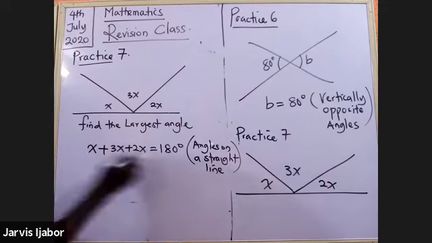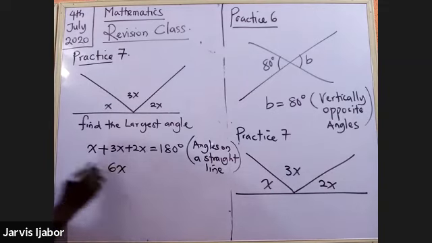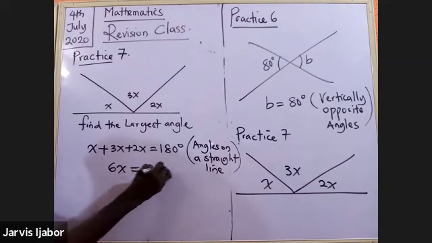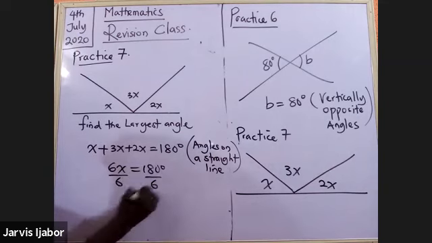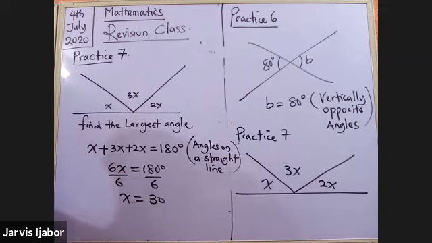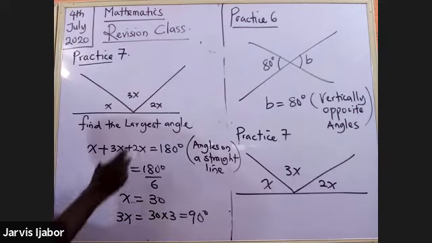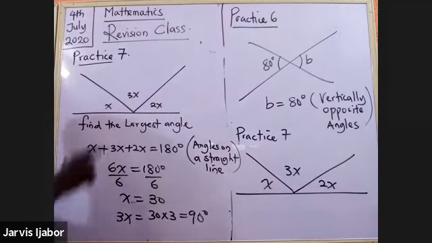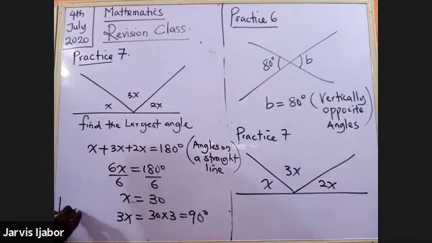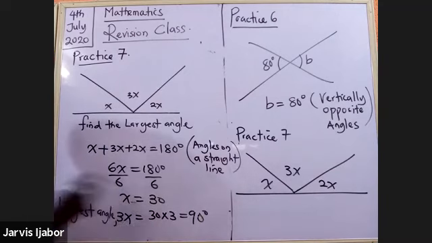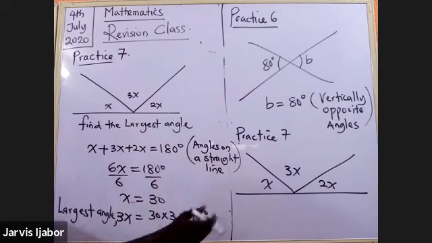So when you add all of this, you're going to get 6x equal to 180 degrees. You divide both sides by 6, x will be equal to what? 30. So meaning that 3x will now be equal to what? 30 times 3. So that is 90 degrees. Remember that you are told to look for the largest angle, and the largest angle is 3x, and that will be this.